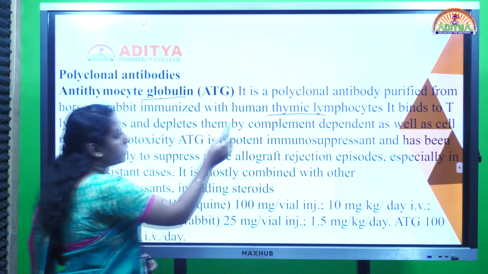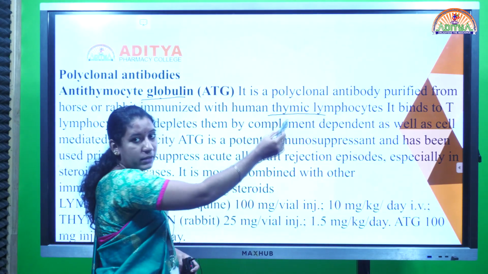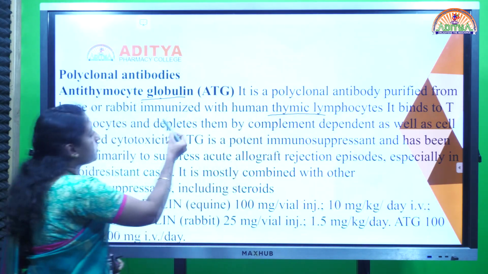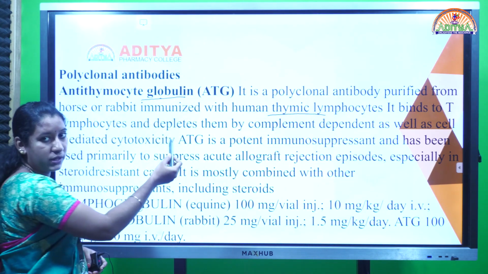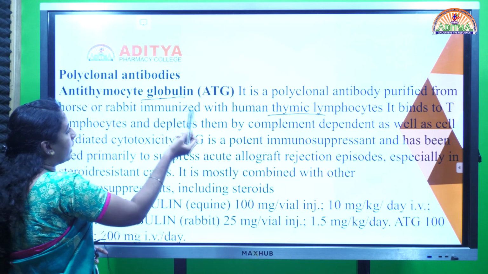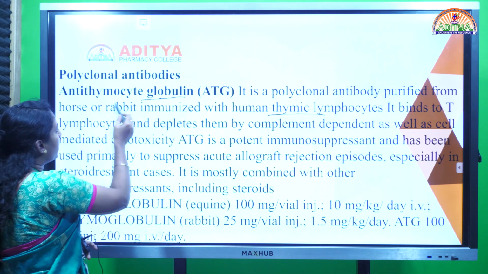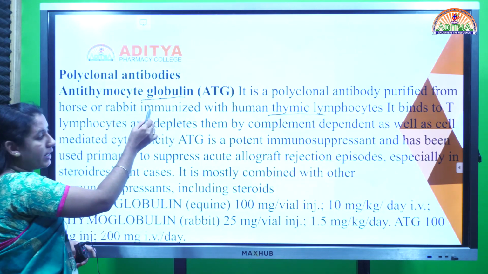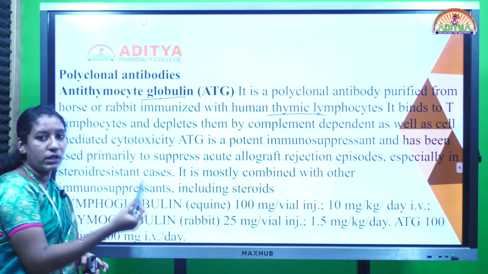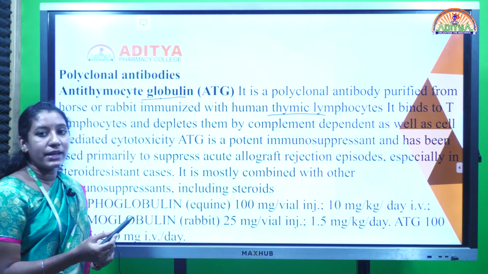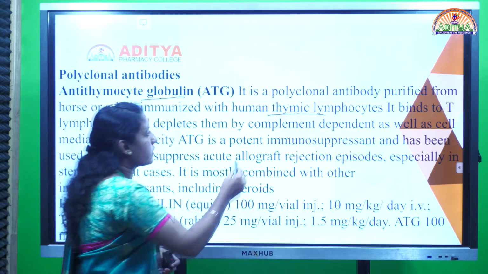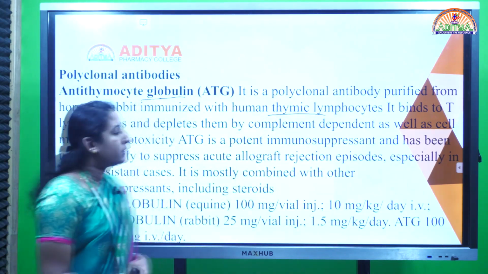Whenever we introduce these human thymic lymphocytes into the horse or rabbit, they produce antibodies, and the antibody obtained this way is the anti-thymocyte globulin. So it is the polyclonal antibody purified from horses and rabbits that are immunized with a lymphocyte known as the human thymic lymphocyte.